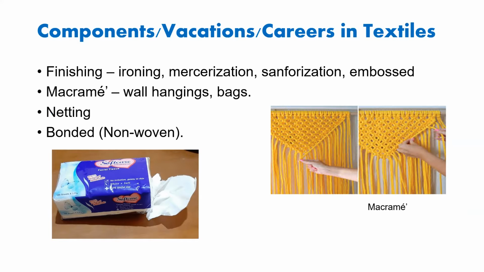Finishing is also a component in textiles. Somebody can use it as his or her job. Ironing is a finishing technique. Mercerization is also a finishing technique where the fabric, like cotton, after bleaching, we have the calico. When you want to dye the calico or print on the calico, we need to treat it.